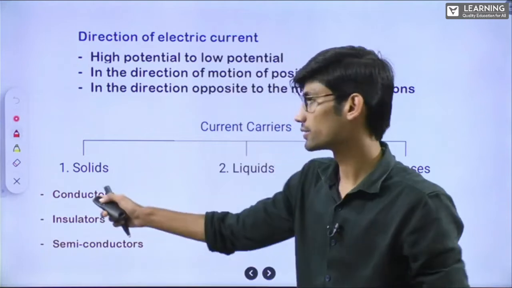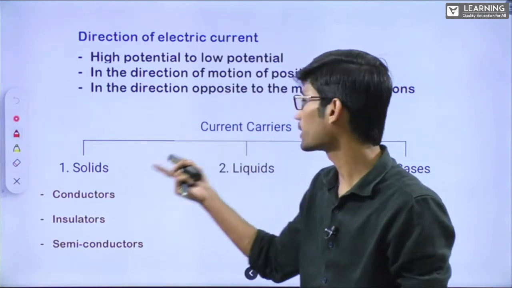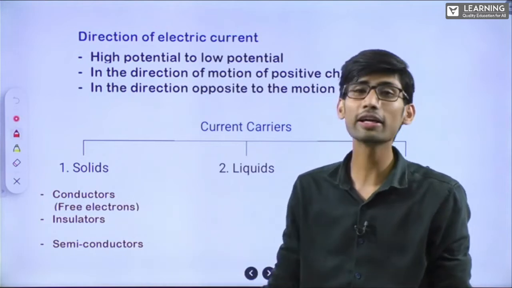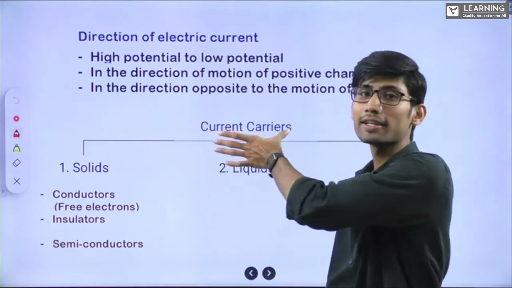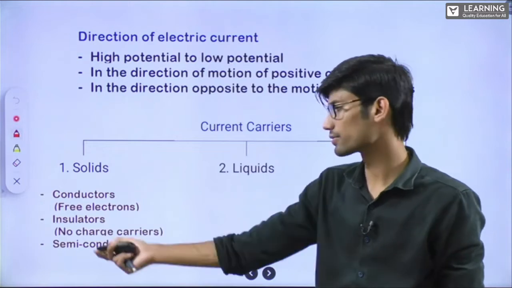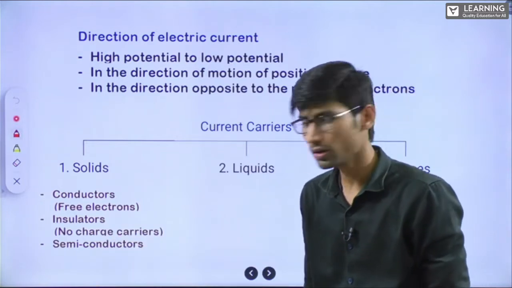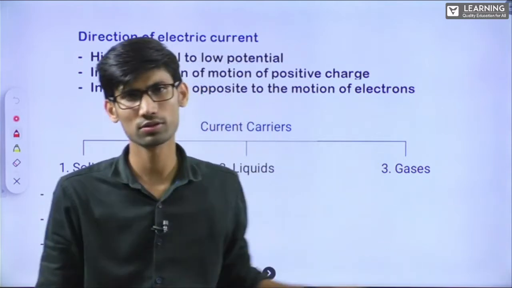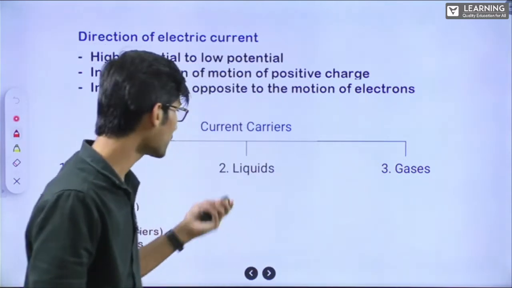In conductors, current is in the form of free electrons, right? The charge carriers, the current carriers are free electrons. In insulators, no current carriers, no charge carriers. Okay. In semiconductors, again free electrons are there. Free electrons, holes.